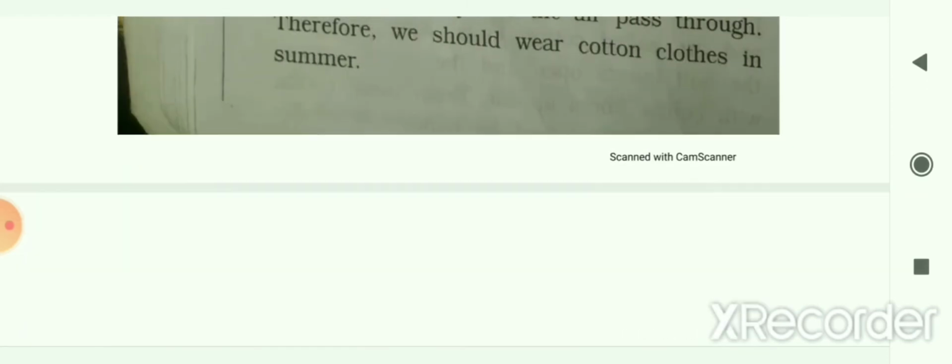Now next are the descriptive type questions. In that, answer the following questions in detail. So first question, how is fabric woven from yarn? So let's start with the answer. Cloth is woven from yarn using either power operated looms or hand operated looms. Yarns are arranged close to each other in straight lines on a loom, and then another set of yarn is passed across to form a crisscross pattern, like we had seen in the activity of making a mat.